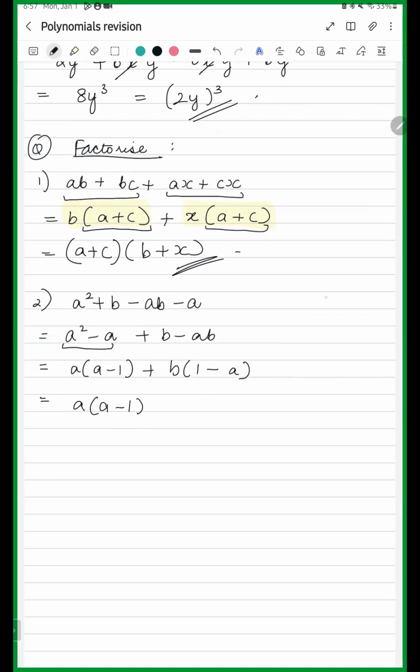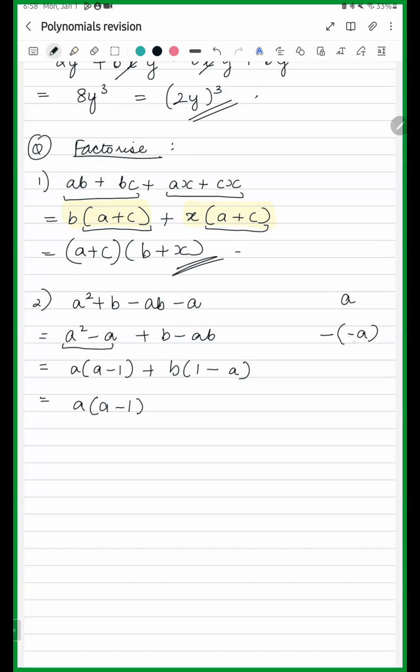See, if you have A minus B, you can write this as negative of B minus A. For example, you can write any number A, like 4, as negative of its negative.